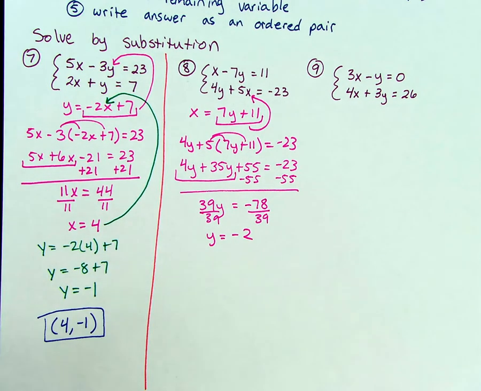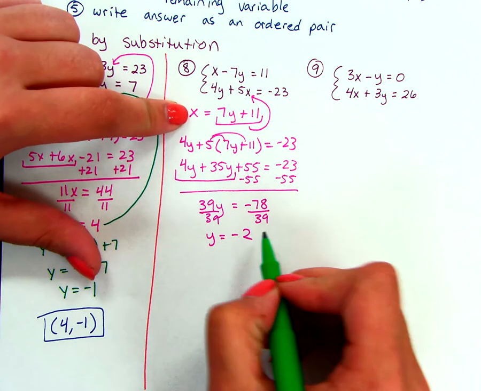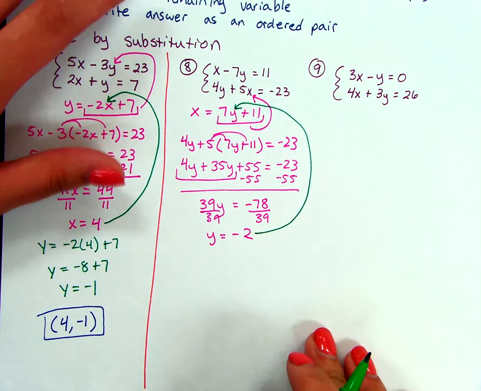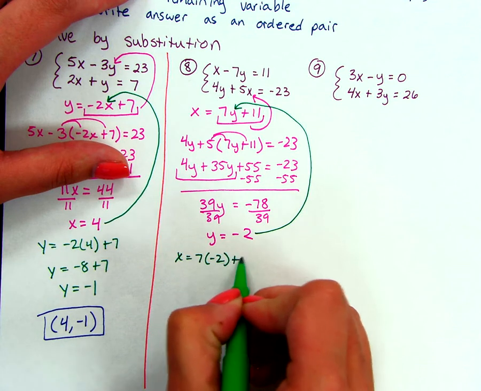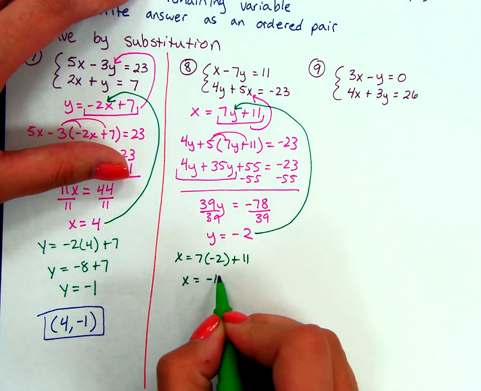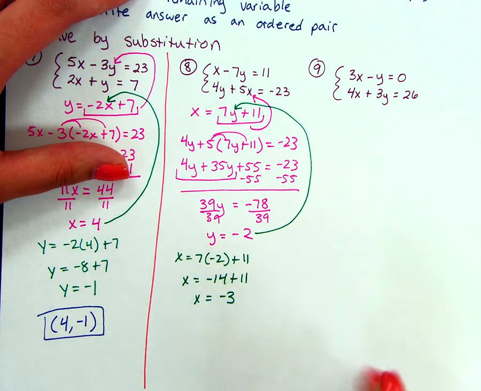Okay, so now once we have that one, we substitute back in to find the next variable. So I'm going to take negative 2 and use the equation that we solved for. So that's going to go back to this y. So x equals 7 times negative 2 plus 11. So 7 times negative 2 is negative 14, plus 11 will be negative 3.